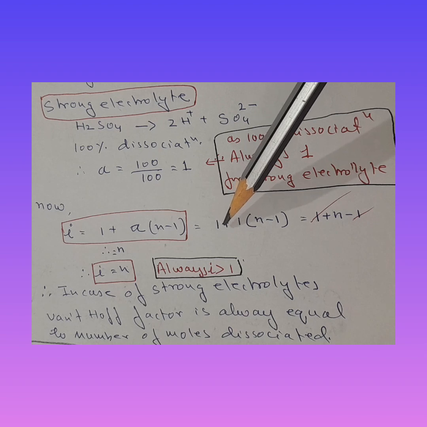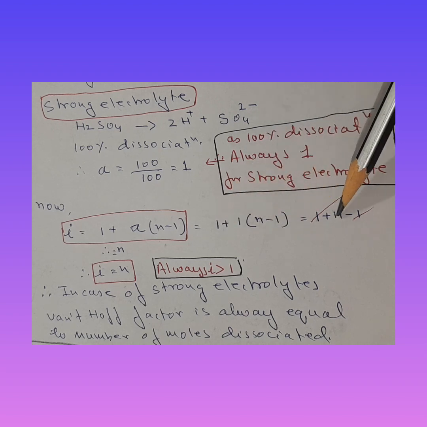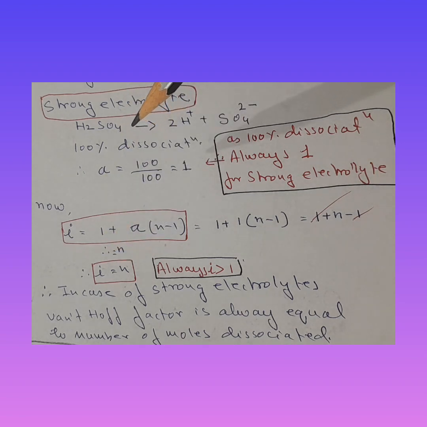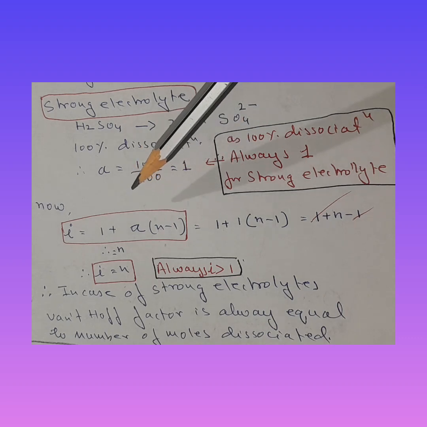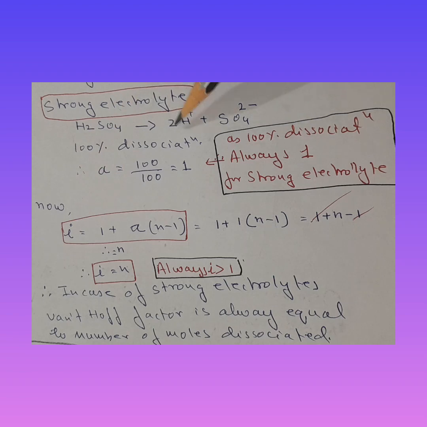So 1 plus (3 minus 1), so the 1 gets cancelled, and i is equal to 3. So whenever you are given a strong electrolyte, please don't go in for any calculation. Straight away you can put it equal to the number of ions dissociated. Fine, so that's for strong electrolytes.